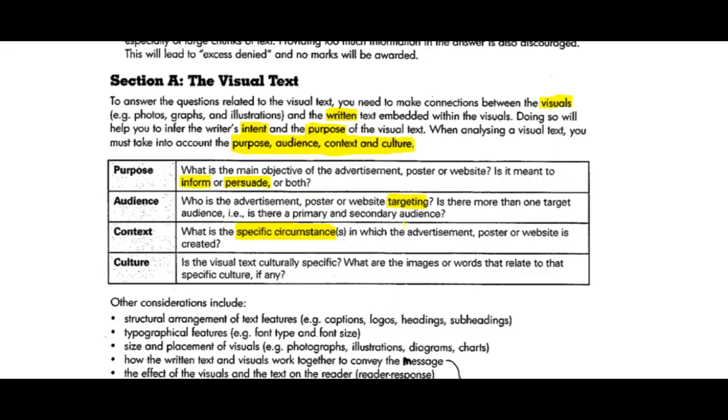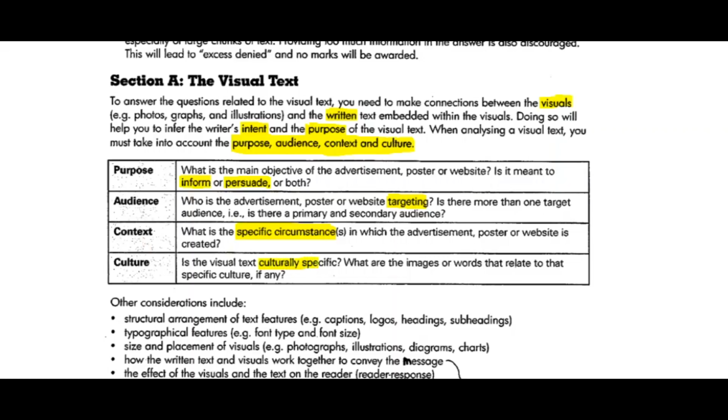The circumstance is that in Singapore there are still illegal moneylenders who are doing it illegally and harassing people, and in the process doing things like vandalism, etc. So that's the context, and culture will be, a lot of times, culturally specific.